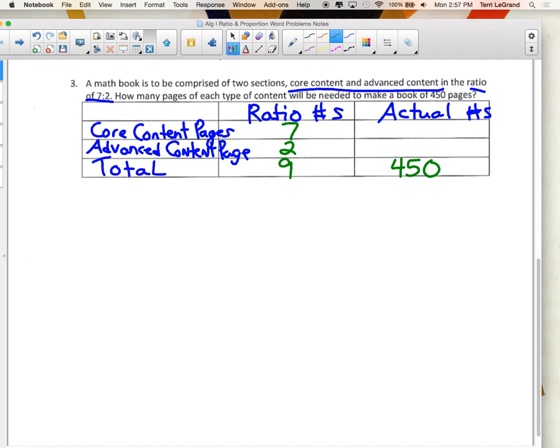Okay, then we're going to put an X up here for the actual core content. What proportions could we use to solve for core content pages? Jalen? 7/9 is equal to X over 450. Okay, 7/9, so the core content pages compared to the total. That should do it, shouldn't it? Okay, go ahead and solve that for X, please.